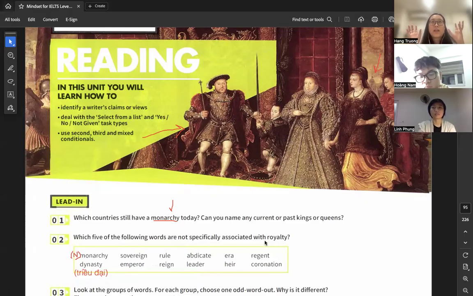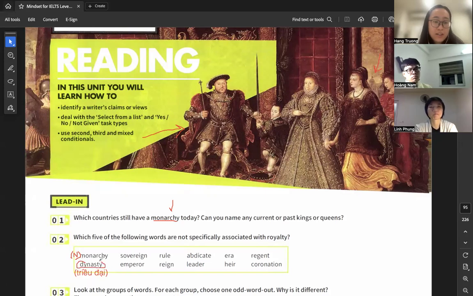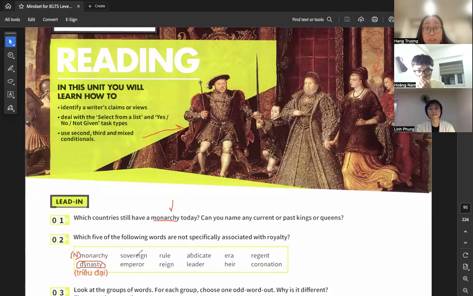Royalty ở đây nó có cái nghĩa là quý tộc, đúng không? Tức là like special kind of blood, đúng không? Con của trời mà. Right? So cái từ dynasty này thì nó không diễn tả được cái sự quý tộc của thời phong kiến. Okay, next word, sovereign.